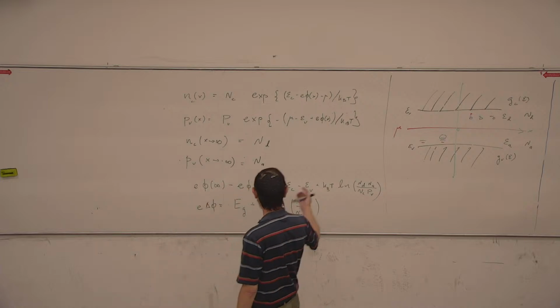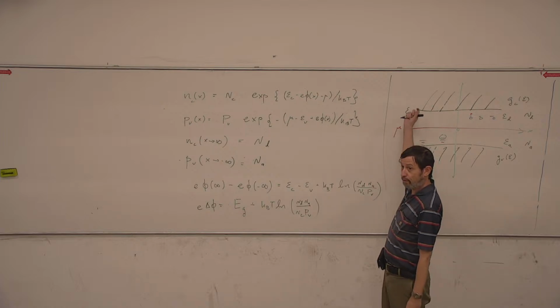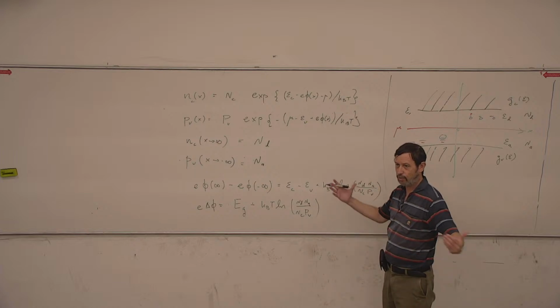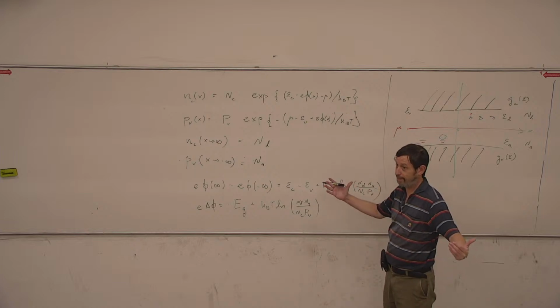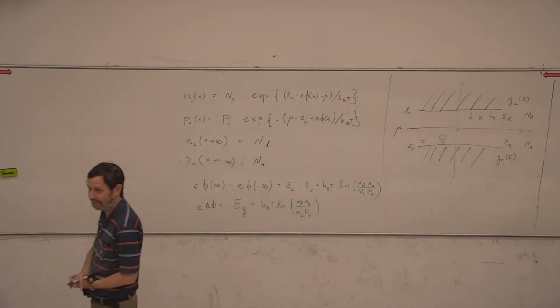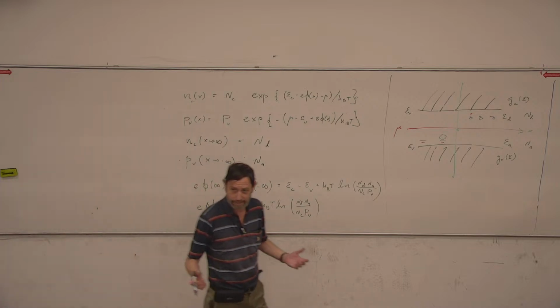But here, the fact that I'm putting a different number of acceptors and donors at two edges of the system tells me that my system is not balanced in charge. So I have to take into account electrostatics.